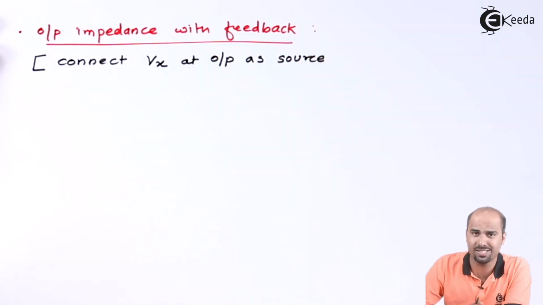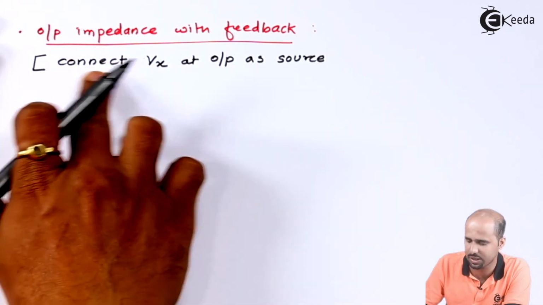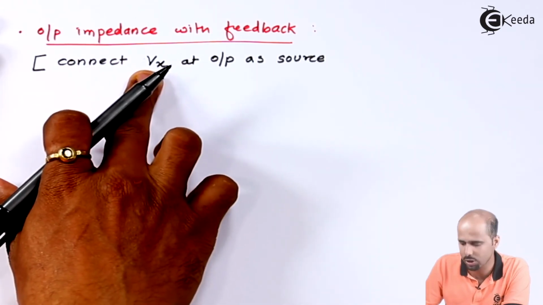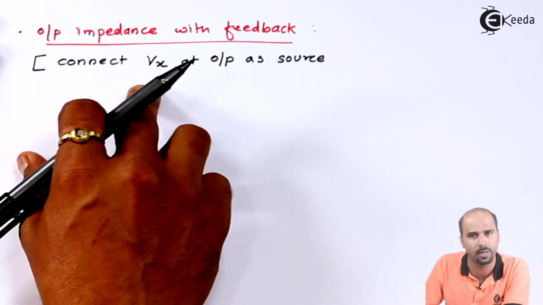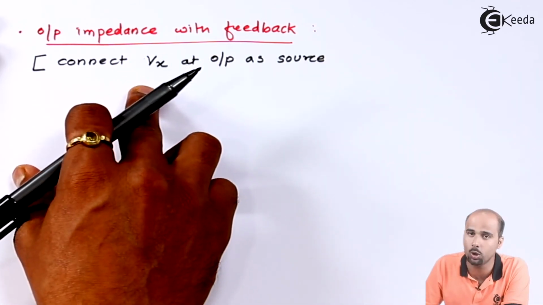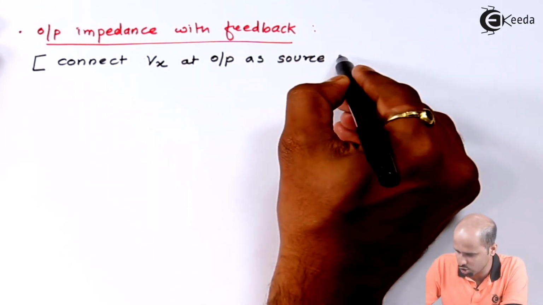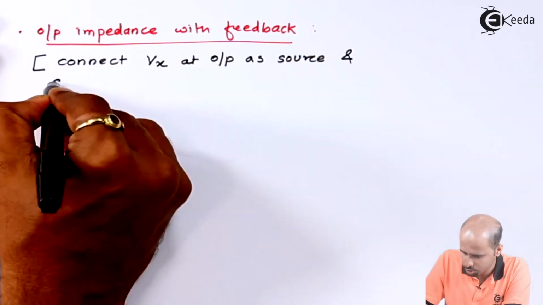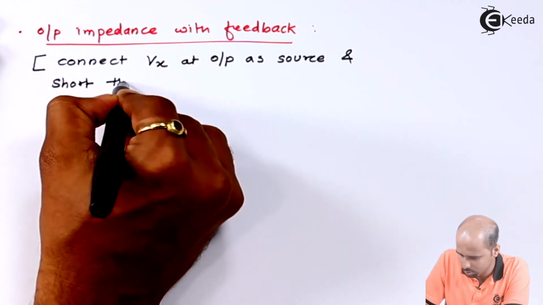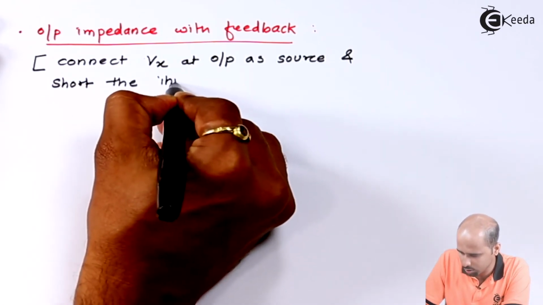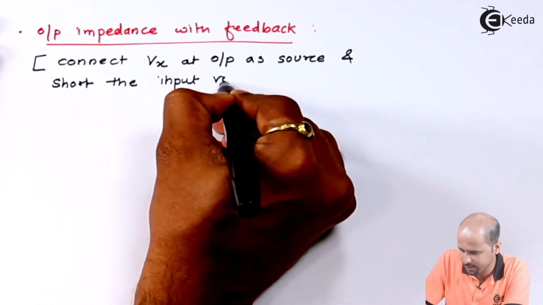We have to connect an external supply Vx exactly at the output side, that means taking this load out. The current flowing through that power supply directly is nothing but your value of Ix, okay? So output as source, and short the input voltage supply.